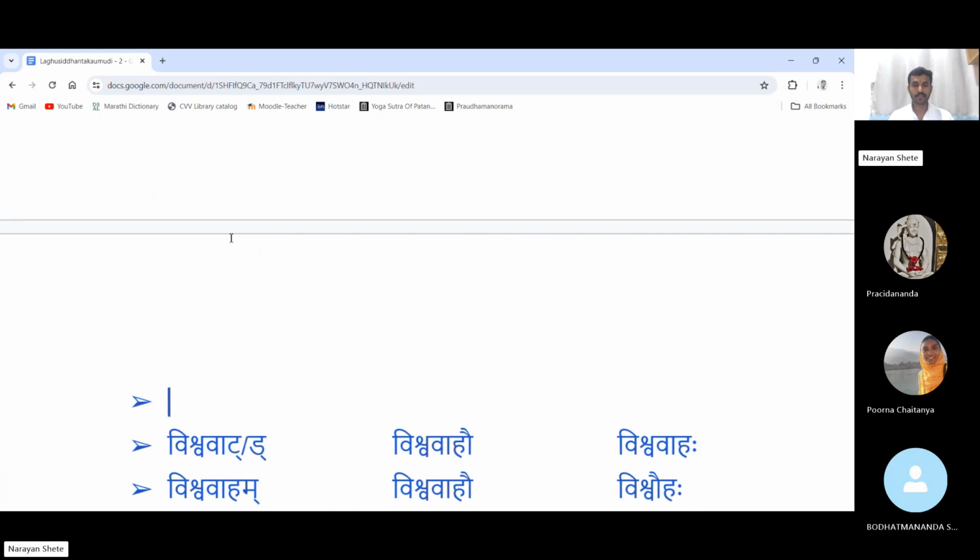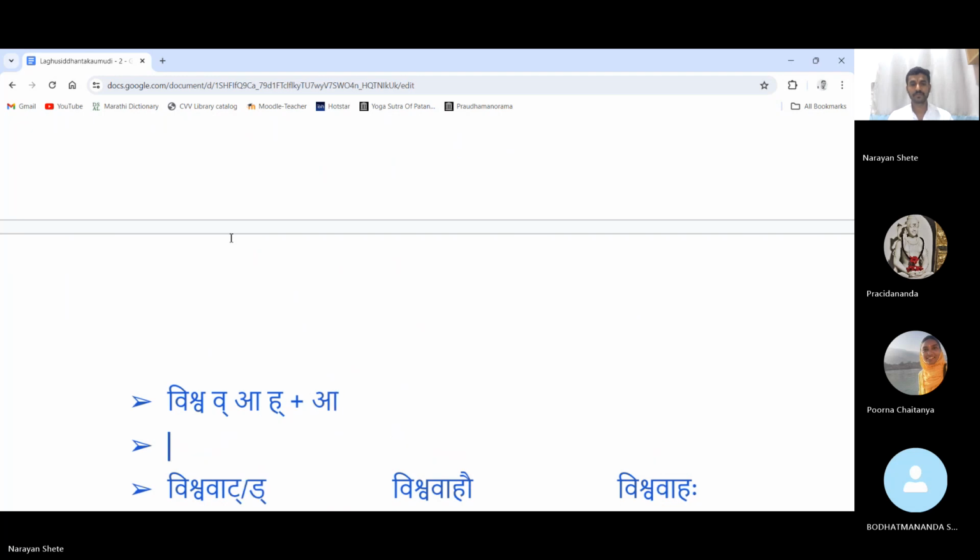Because of bha sanjna, what will happen here? What will be the sutra for this step?